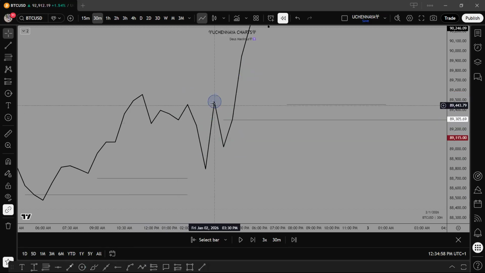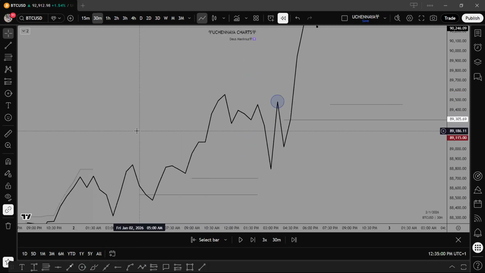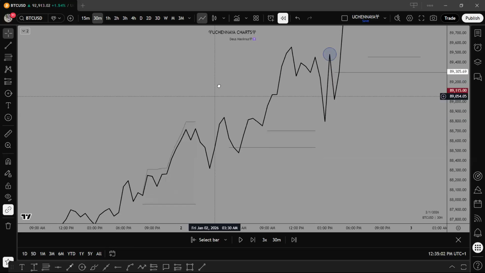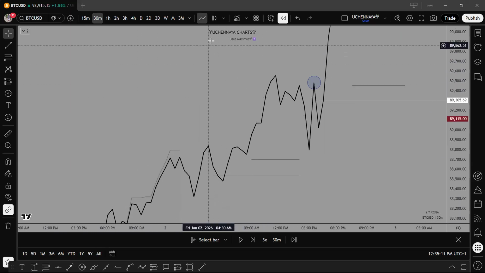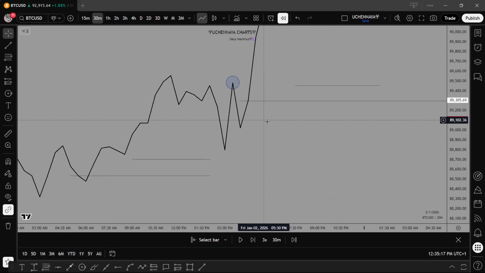Like I told you, all these levels are apex level of MSNR. Why? Because it's basically a bullish candle followed by a bearish candle. Now let's mark those levels. Now look at this level.